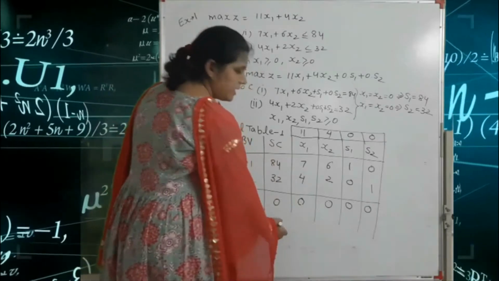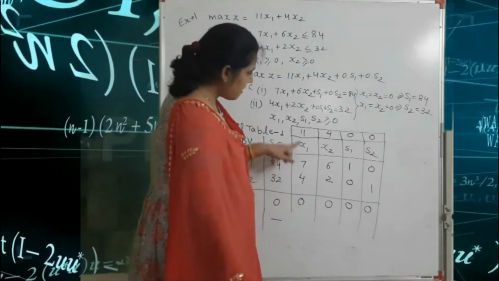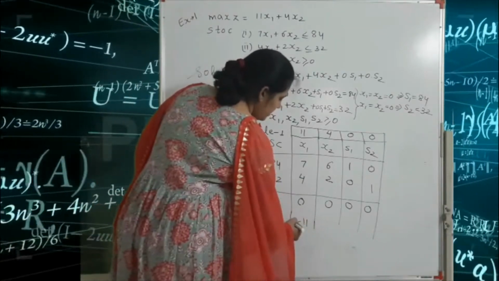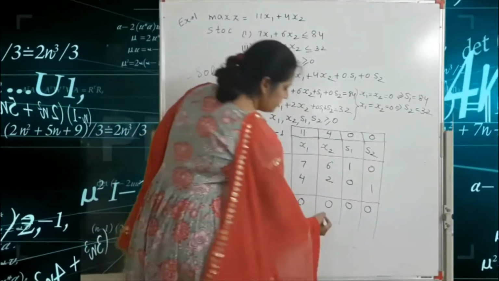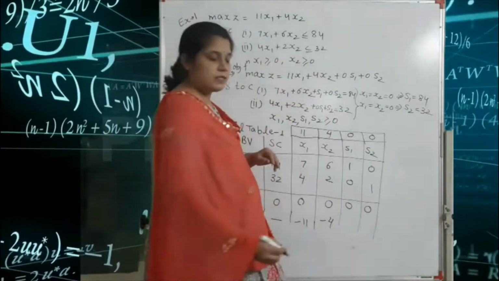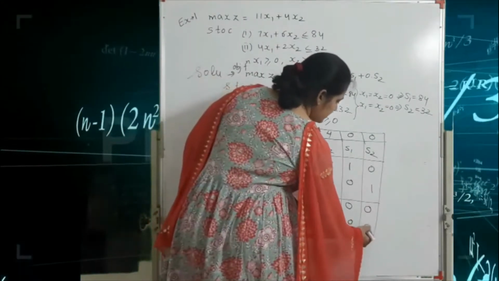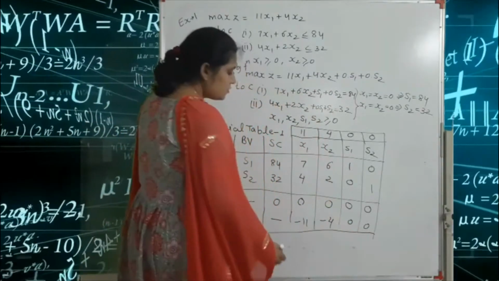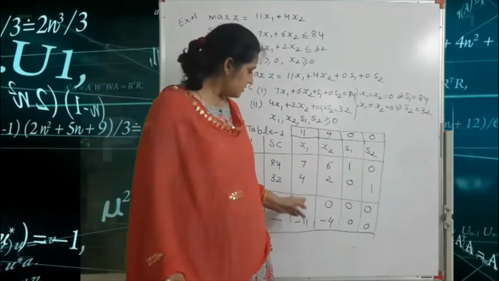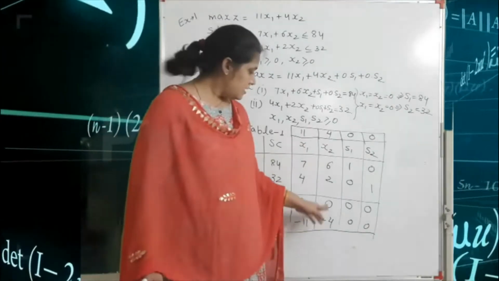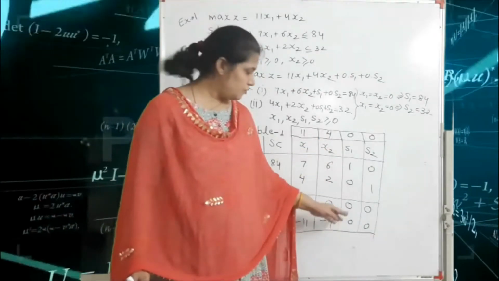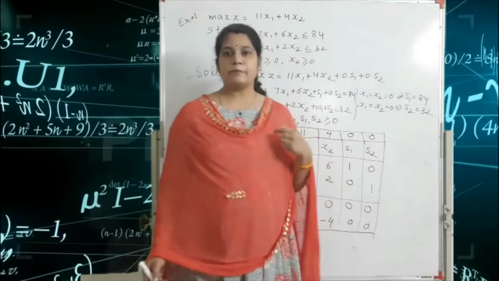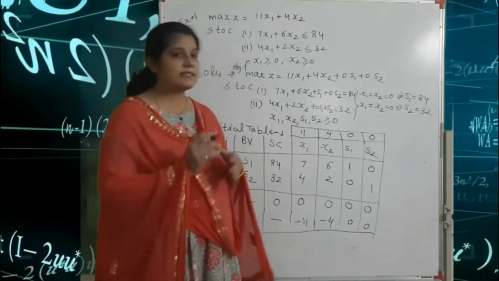So 0 minus 11, that means minus 11. 0 minus 4, that means minus 4. 0 minus 0 means 0, and 0 minus 0 means the value is 0. So we get the value of Zj minus Cj.